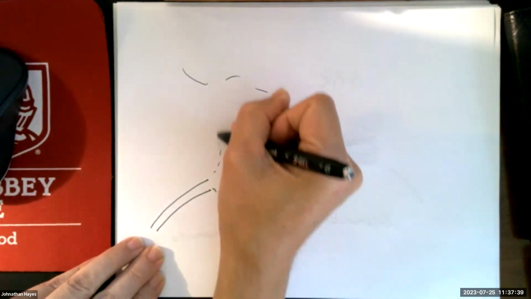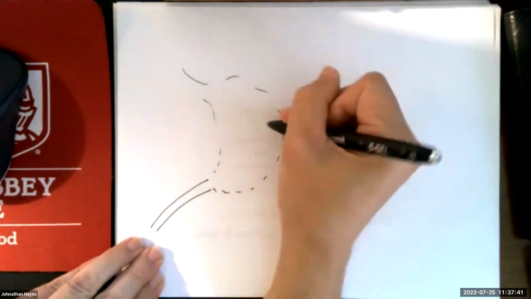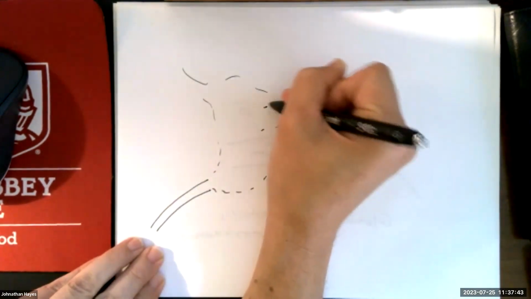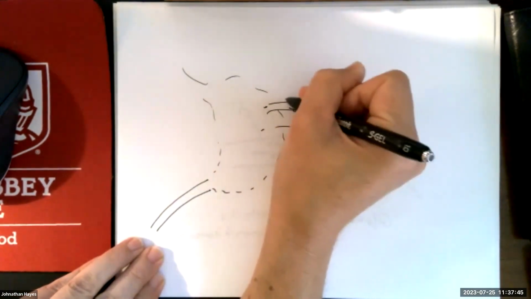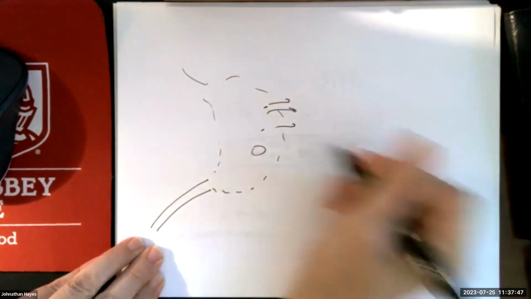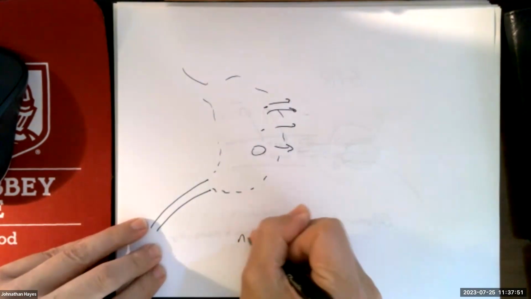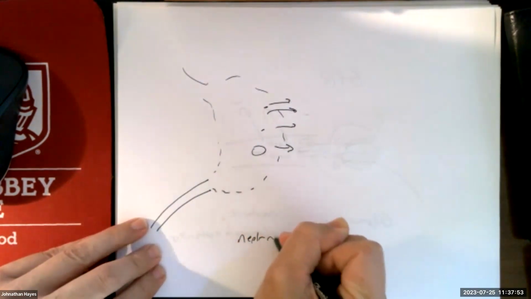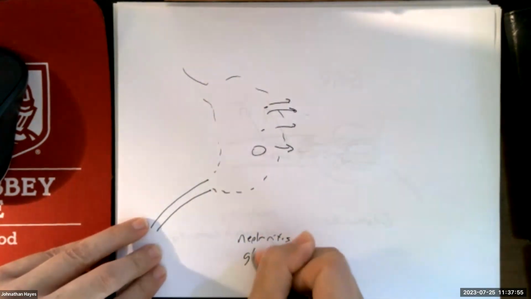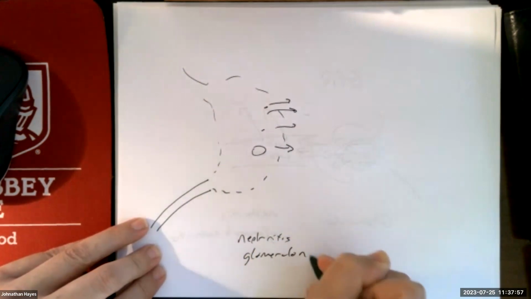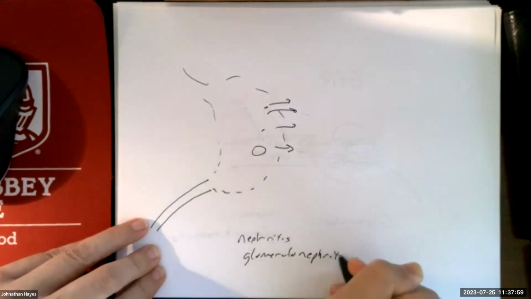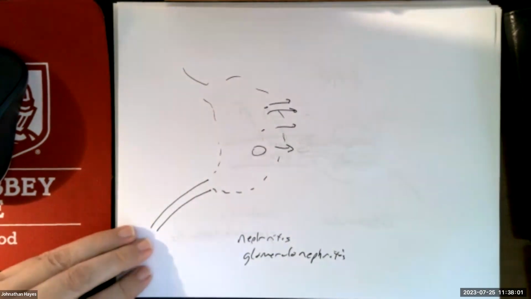So as this blood is coming through, not only are the small substances leaving, they're supposed to normally leave along with the fluid that pushes it out, but certain big substances start leaving too. So when you start to get some type of nephritis, inflammation, or glomerulonephritis, we start to see big stuff in the final urine product, right?